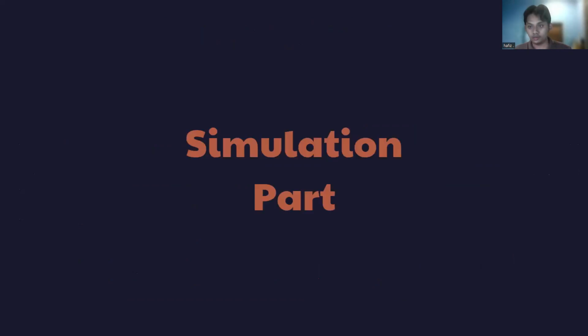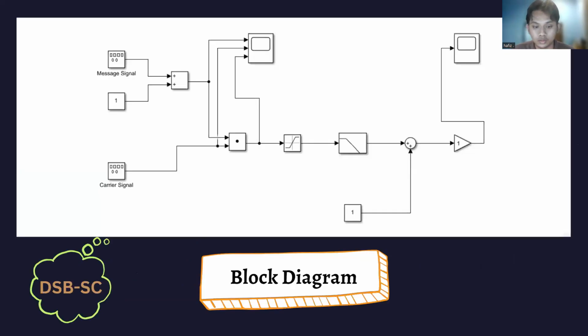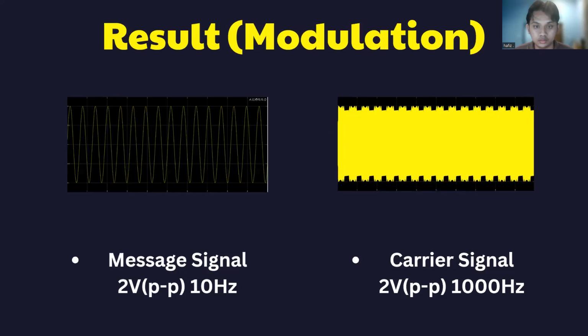Next we go to the simulation part of our lab experiment. Using MATLAB, this is our block diagram. We can see that we have a message signal and also a carrier signal. For the result, our message signal is 2 volt and 10 Hz.